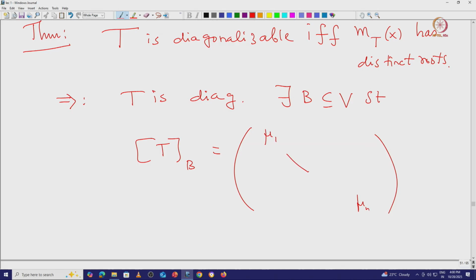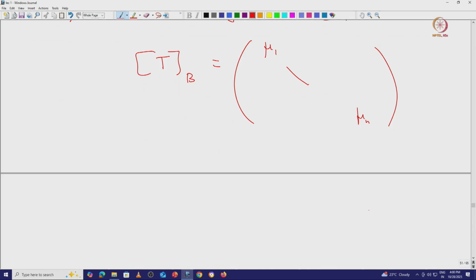mu n, and if you count with multiplicity, then let us say lambda 1 appears with multiplicity some L 1, and then lambda k appears with multiplicity L k.